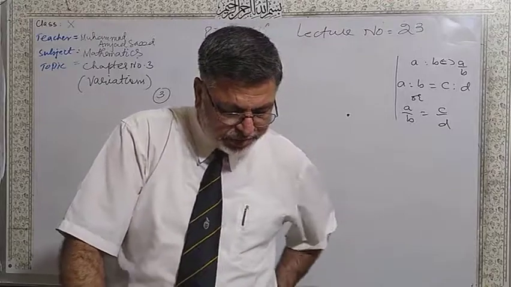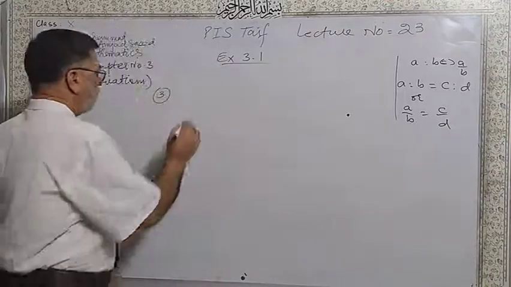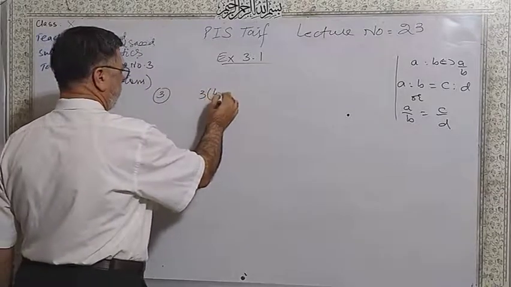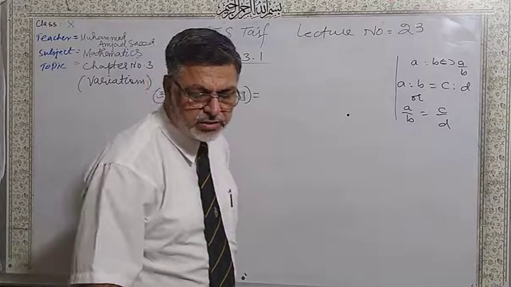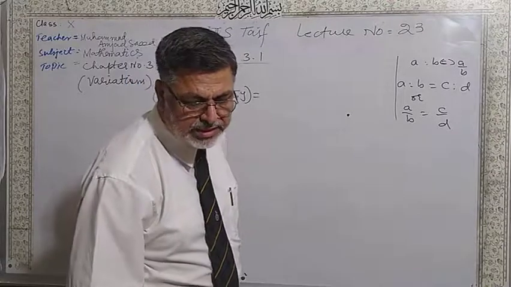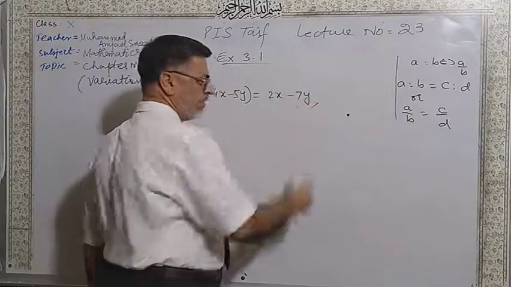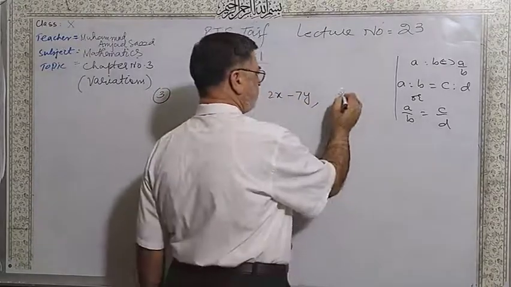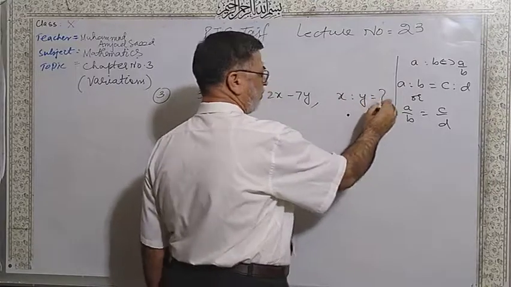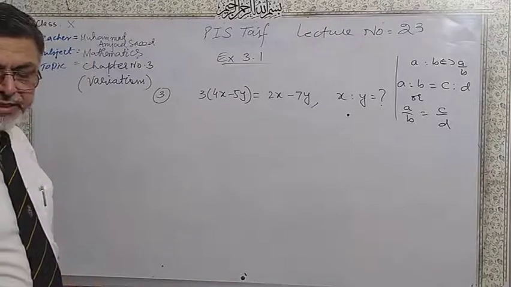If 3 into 4x minus 5y is equal to 2x minus 7y, then find the ratio x ratio y.